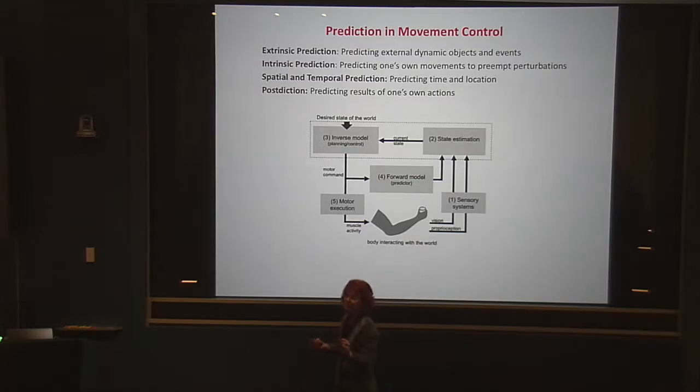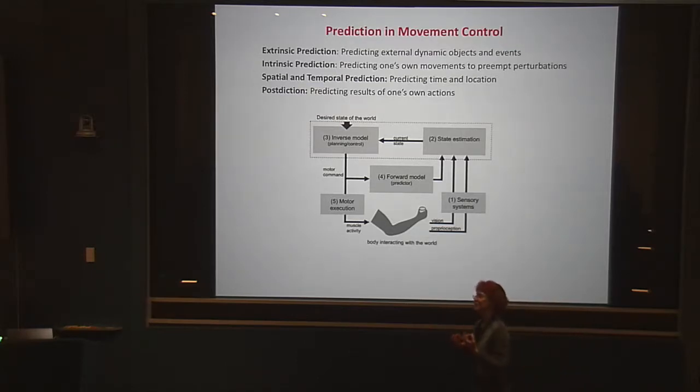Internal, or intrinsic, prediction. Just to lay out the terminology, we will further distinguish between spatial and temporal prediction: where and when will the ball be at a certain place? And lastly, we also have a category that we refer to as post-diction.